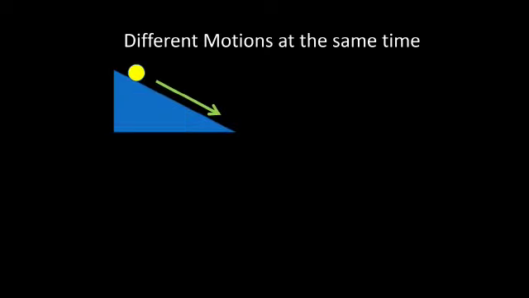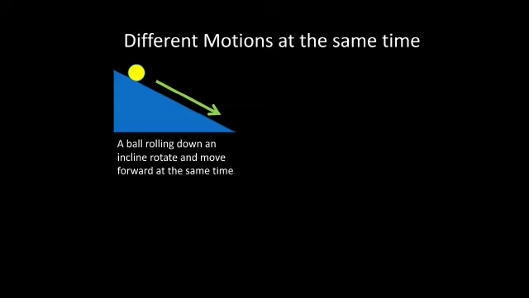Let us see some different motions at the same time. Just look at this. Can you see? There is a ball rolling from an inclined plane, right? So, here what is happening? The ball is rolling around itself. At the same time, it is following a straight path. So, here two types of motion are acting.